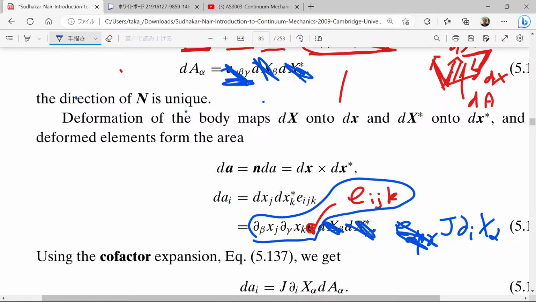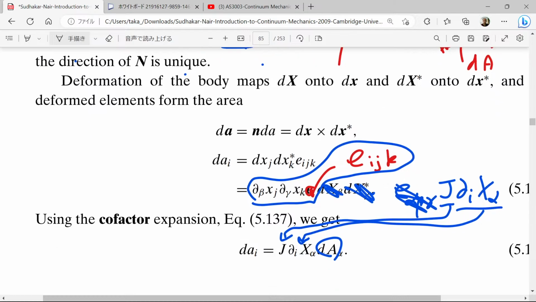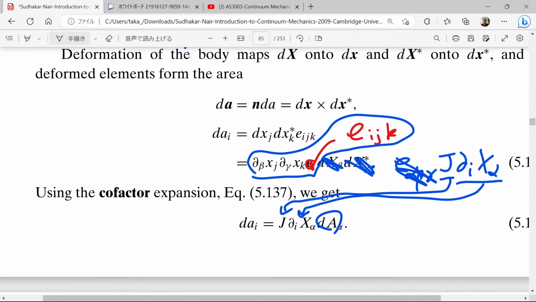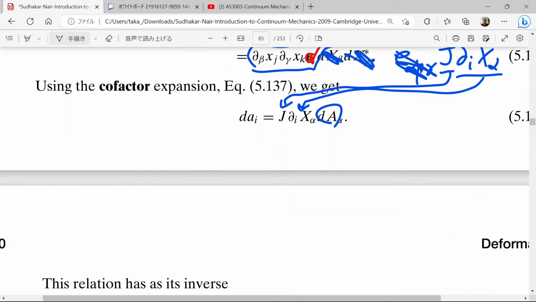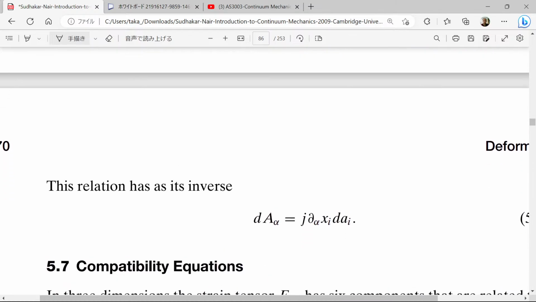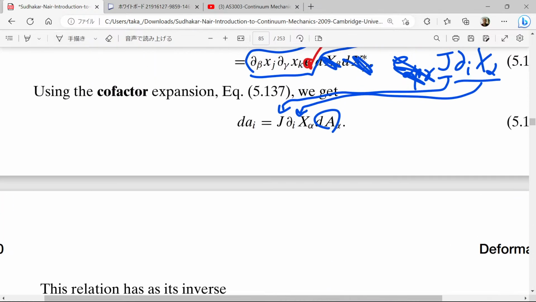So you replace this whole thing with this one, right? Then we have j go to here, partial I, partial alpha goes to here. So this is okay. We can obtain this by using cofactor expansion.